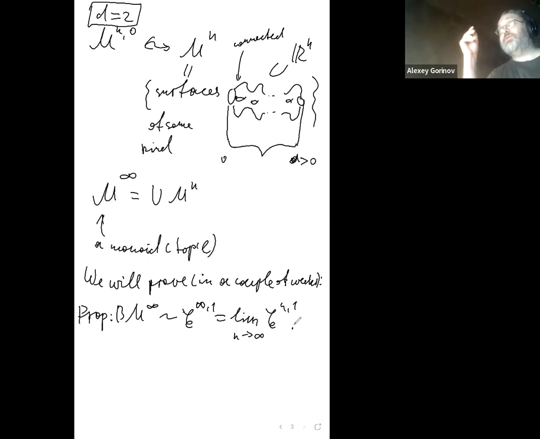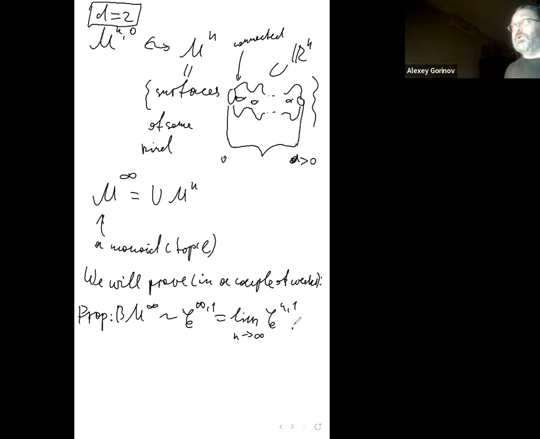The most miraculous thing in this formula is that the monoid operations are quite different. On the left, we have the connected sum, and on the right we have the disjoint union, which are clearly not the same. And so we will need to relate these two operations to each other.